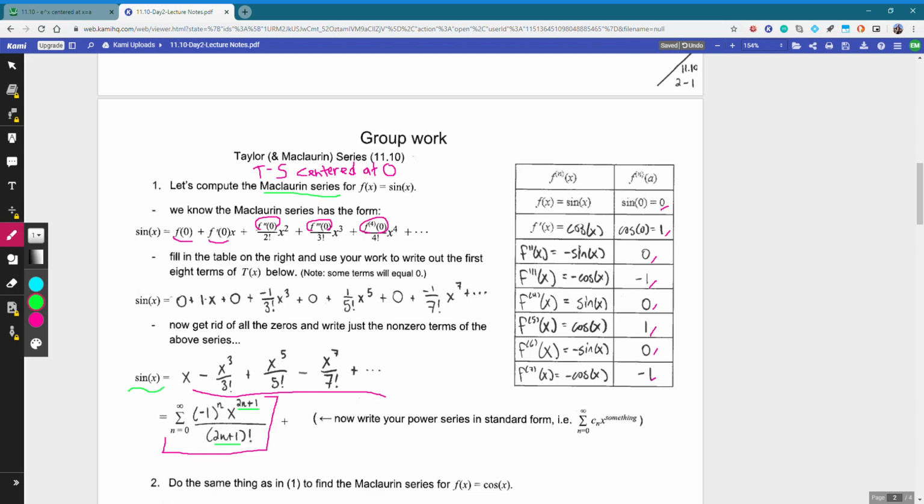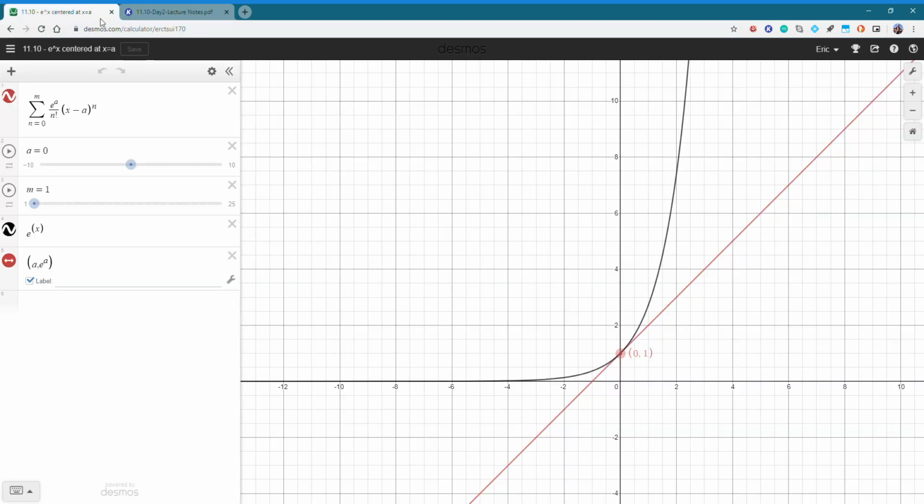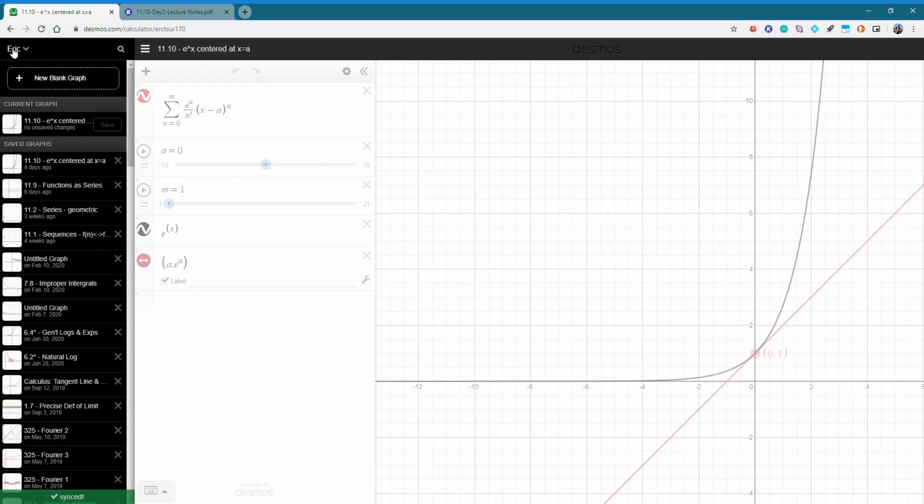And we can see this converging to sine of x real nicely on Desmos if we jump over there. Looks like I have up already the power series for e to the x we looked at last time. Let me switch over.